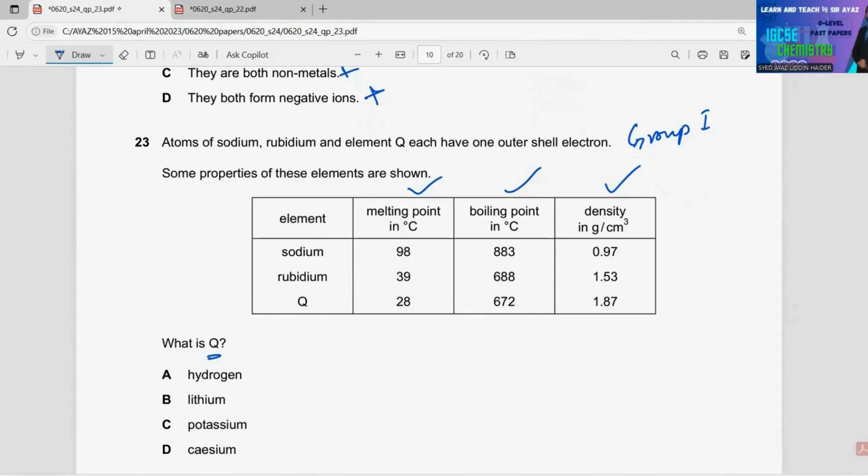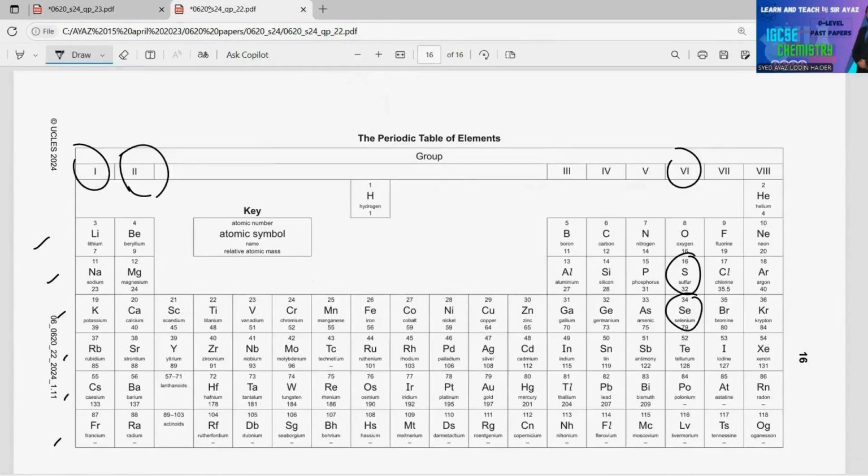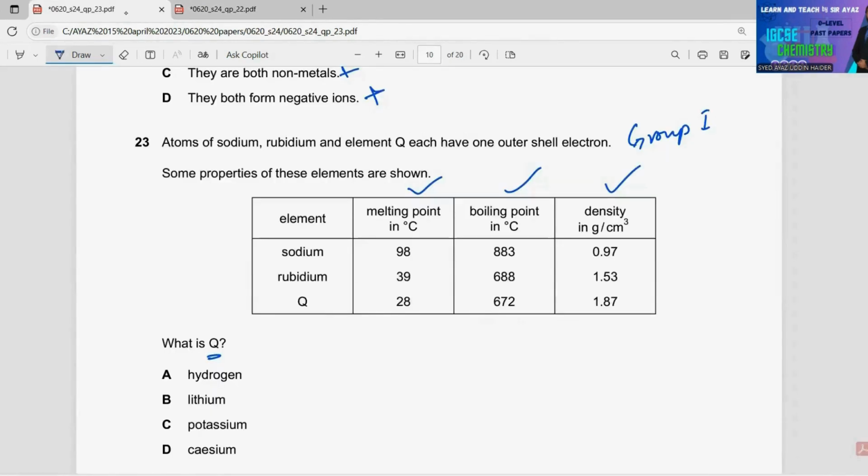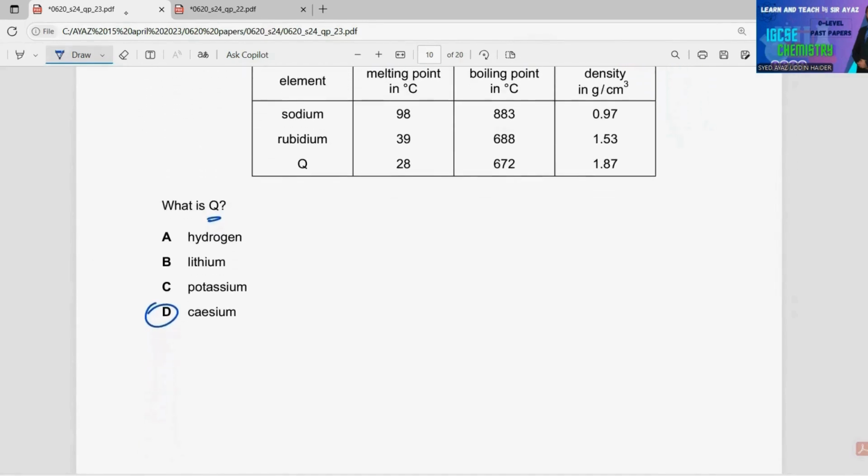From sodium to rubidium, the melting point is decreasing, boiling point is also decreasing, and density is increasing. For Q, the melting point and boiling point are both decreasing and density is increasing. So this element must be below rubidium. Looking at the periodic table, we have cesium or francium. So we have cesium here. Therefore, D must be the right choice for this question.